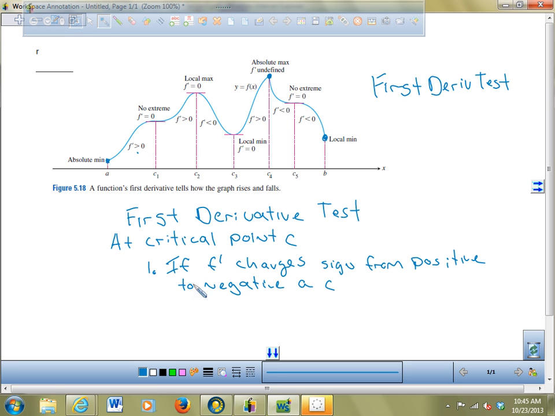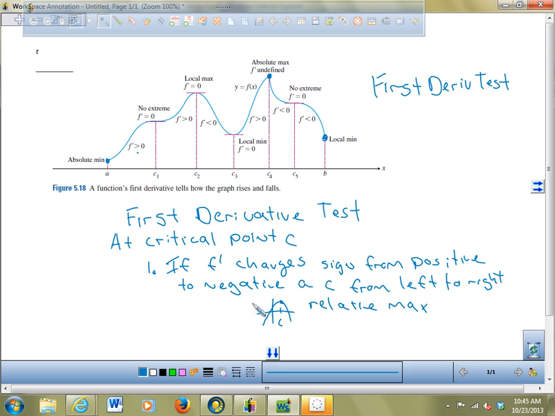I'll just say, if f prime changes sign from positive to negative as you move from left to right, okay? This is in my own words, okay? From left to right, if the derivative changes sign from positive to negative, what do you have at that point c? Max. You have a relative or local maximum, okay? That's pretty easy, right?